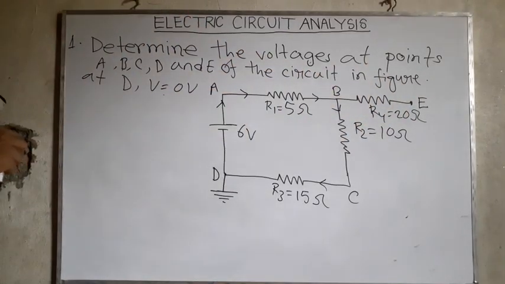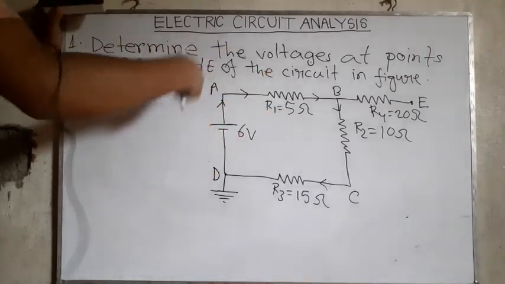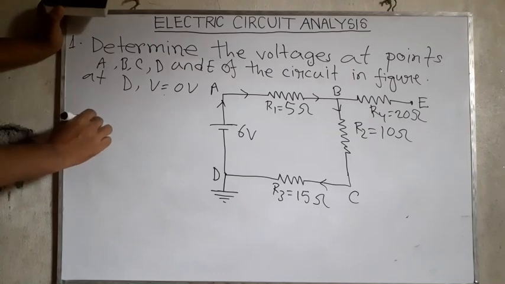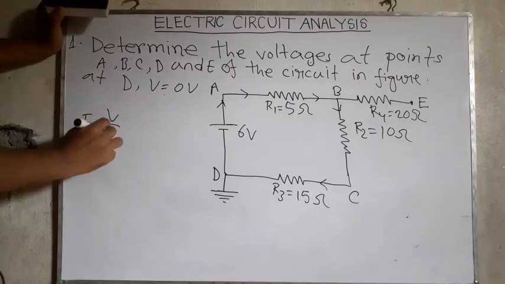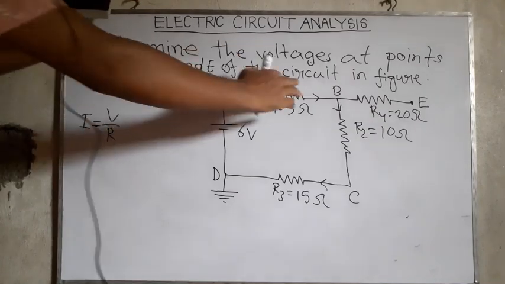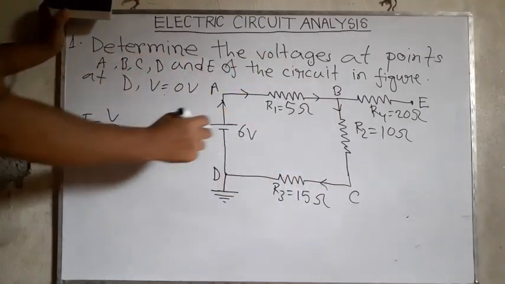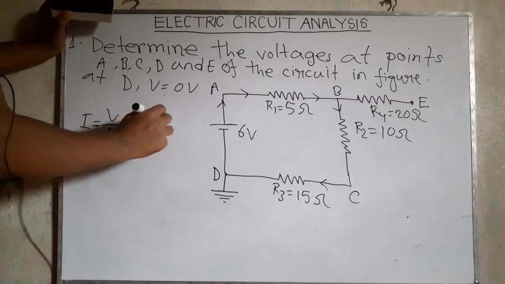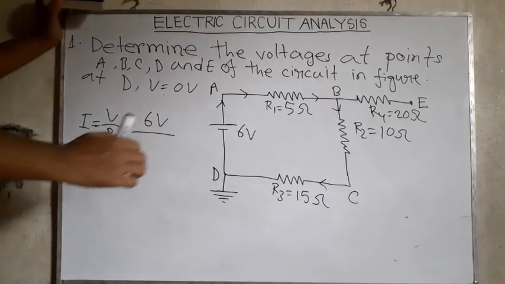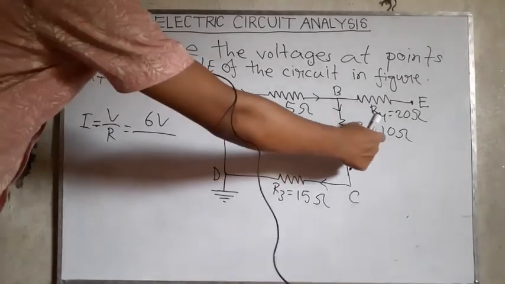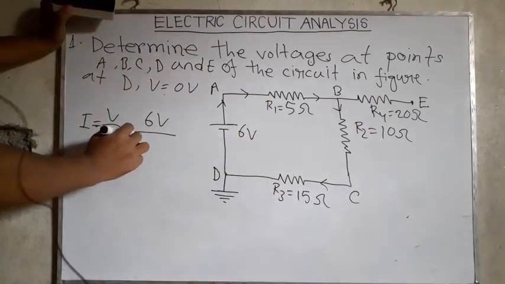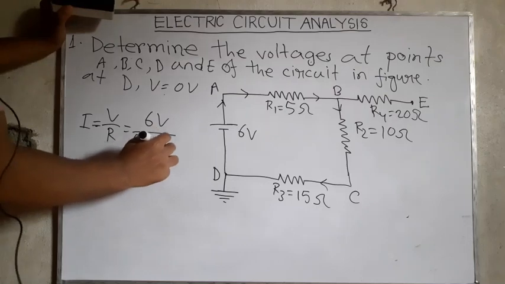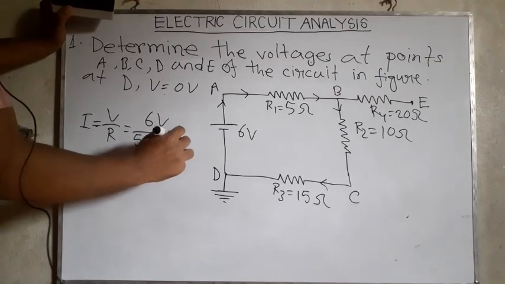Now, the current I flowing through this circuit is equal to V divided by R. This is now a series circuit. Here the voltage is 6 volt, divided by the resistances 5 ohm, 10 ohm and 15 ohm, that is 5 plus 10 plus 15 ohm.